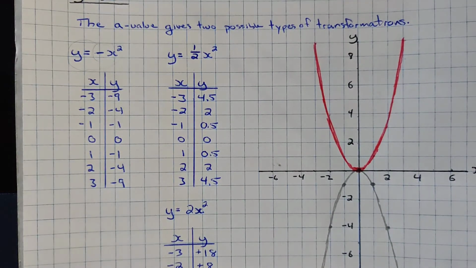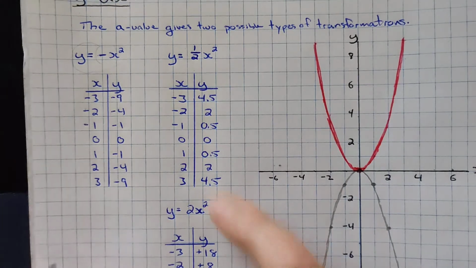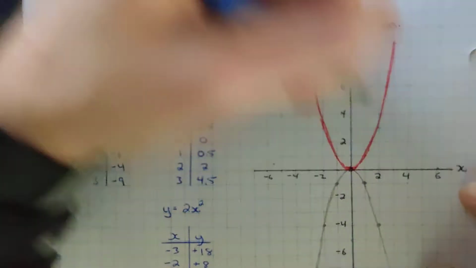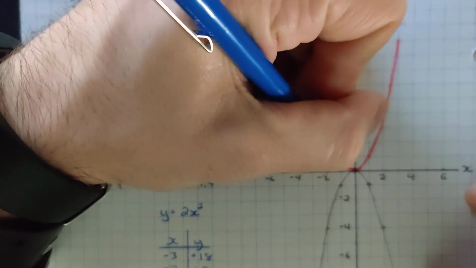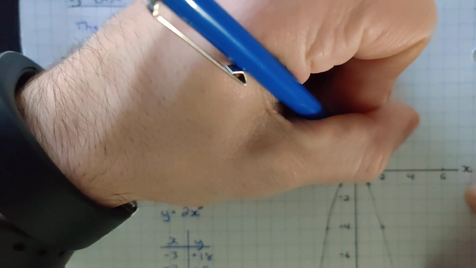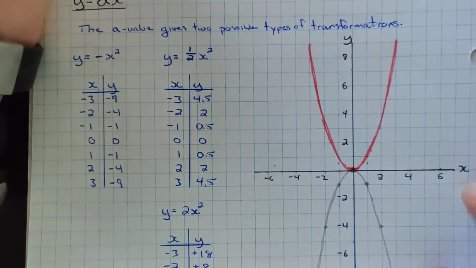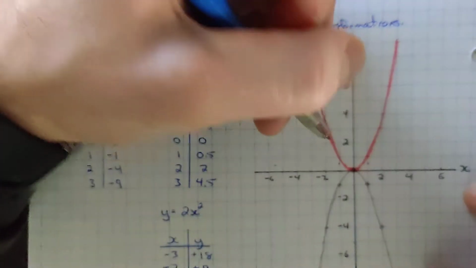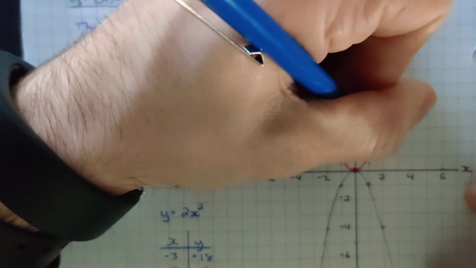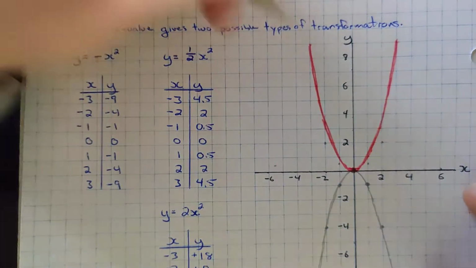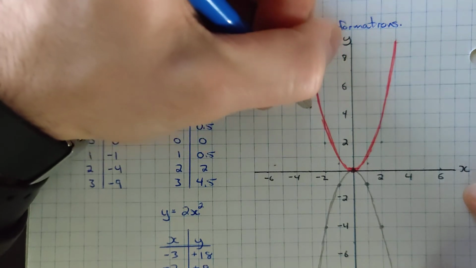If I was to graph these values here, I'm going to get (0, 0), (1, 0.5), and (-1, 0.5). (-2, 2), (2, 2), and (3, 4.5).